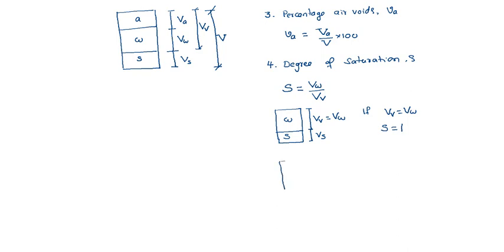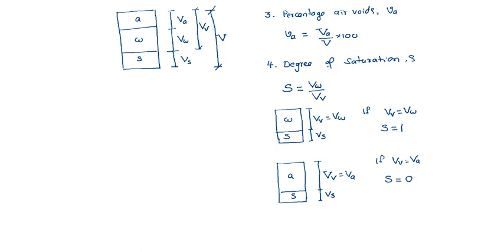Similarly, if all voids are filled with air, that means total volume of voids is equal to volume of air itself. So if volume of voids equals volume of air, there is no water, so S equals 0. That means it is the dry case.